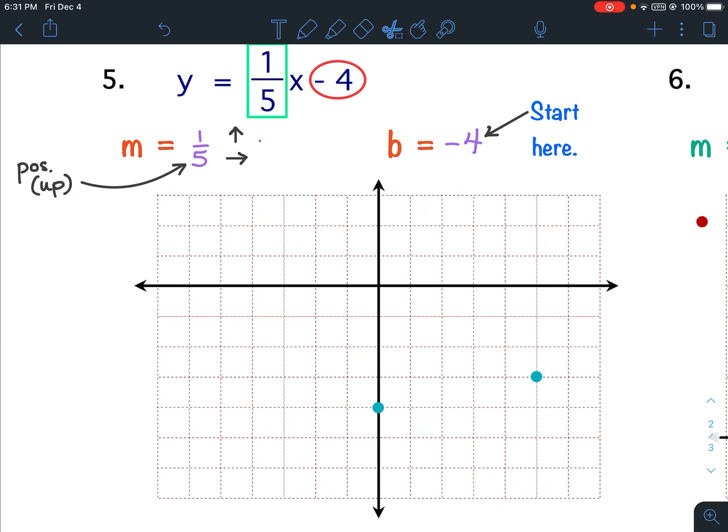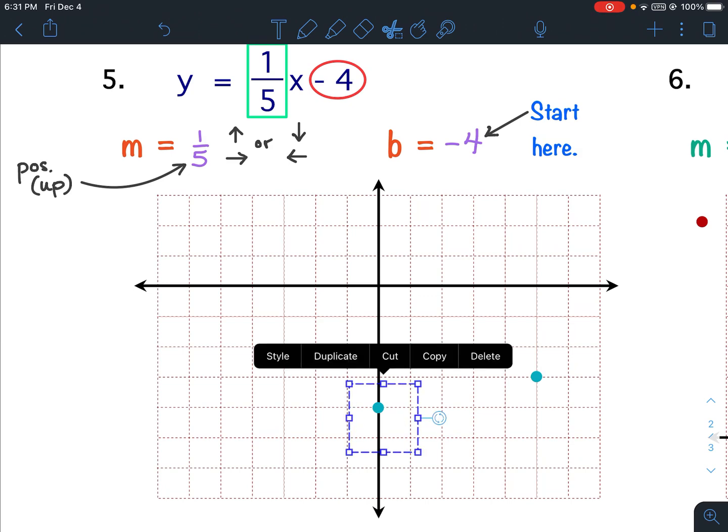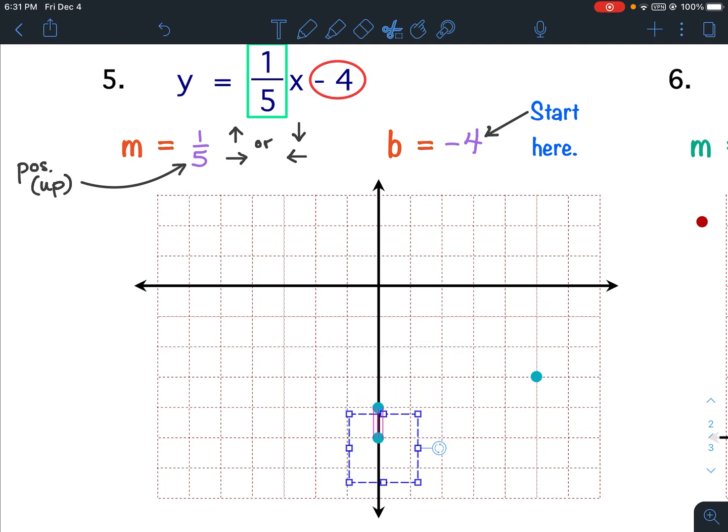So now the opposite: the opposite of up would be to go down. And instead of going to the right, we'll go to the left. So we'll go down 1 and to the left 5. So I go back to my point on the y-axis, my y-intercept, and I'm going to go down 1 and to the left 5. 1, 2, 3, 4, 5.